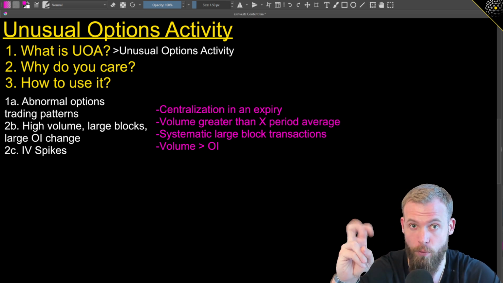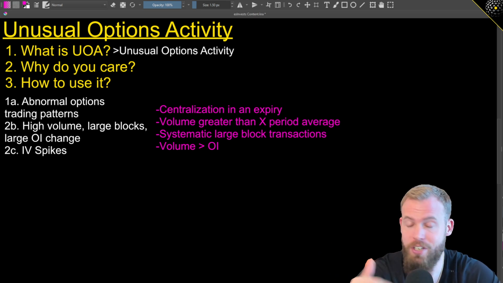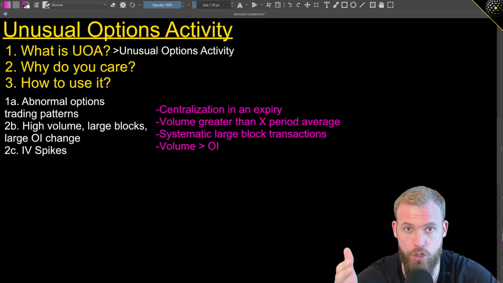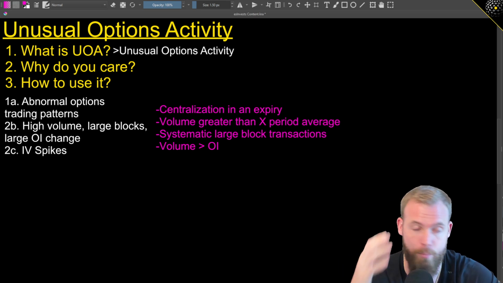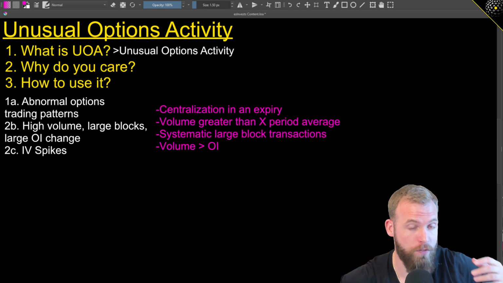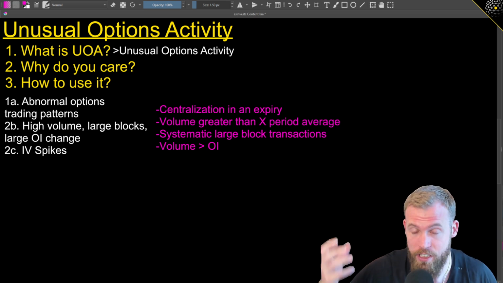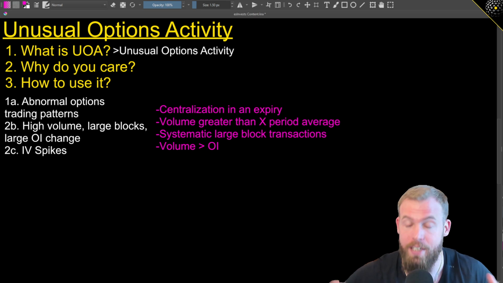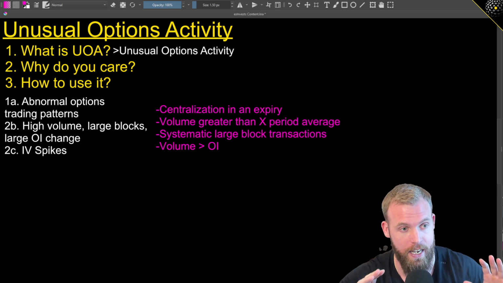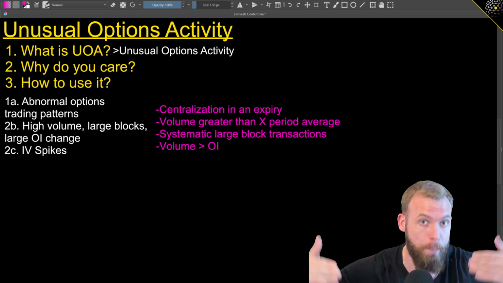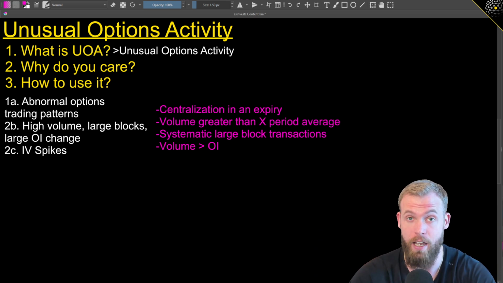That part is super important, because even if it's long calls and we think, wow, that's super bullish, maybe they know something we don't, maybe they don't, maybe they have a bunch of other positions on and they're using this as a hedge in some capacity to reduce risk. That's the point, you can't just take it at face value. You have to look a little deeper and piece the whole thing together.